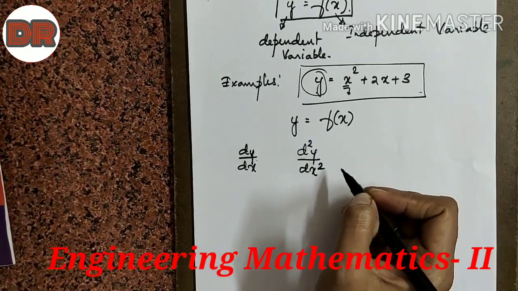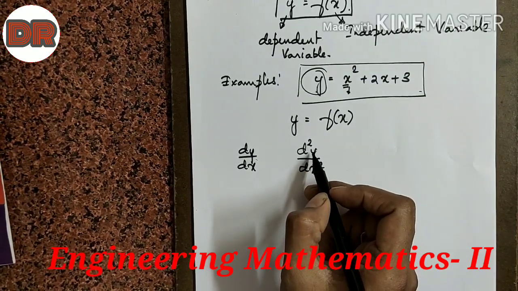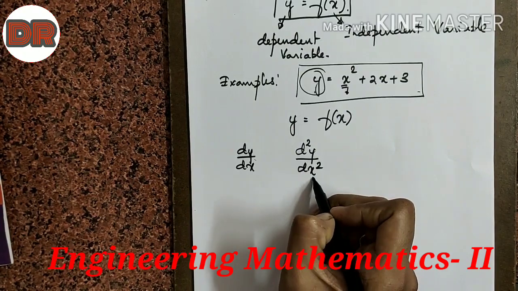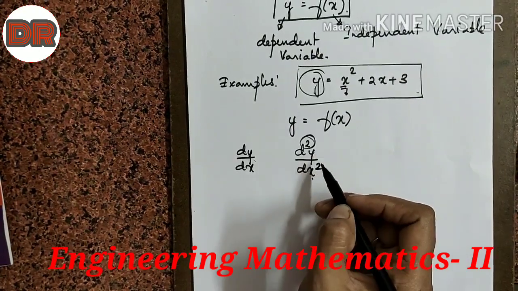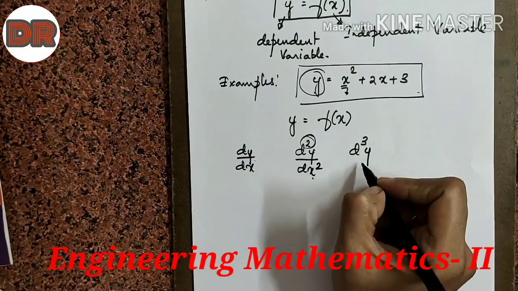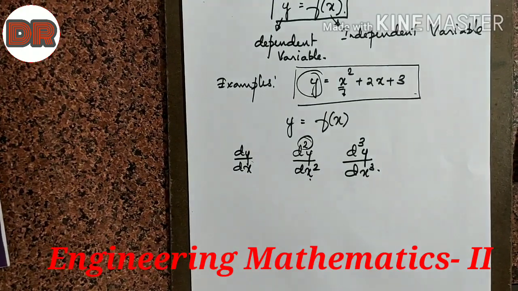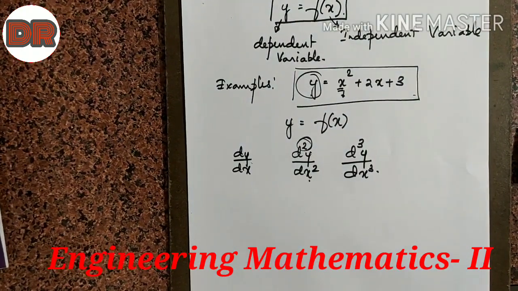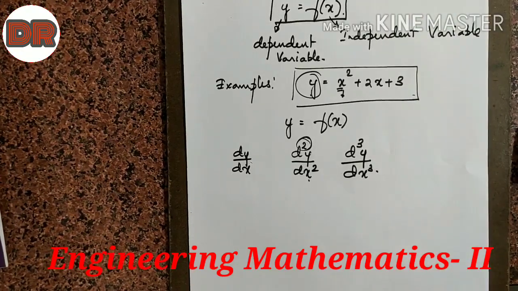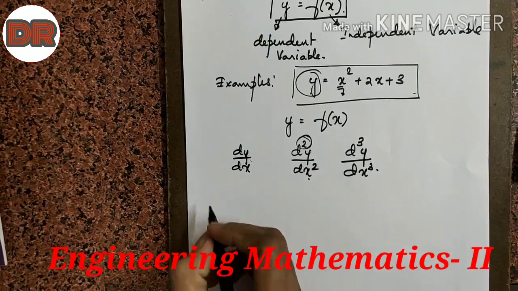This is nothing but the dependent variable y differentiated with respect to x twice. Or you can also write d cube y by dx cube. This is also a differential term. So if an equation has these terms in it, then we can call it a differential equation.